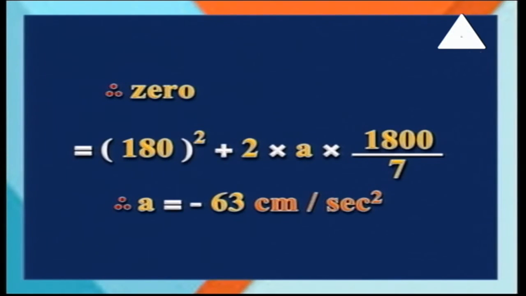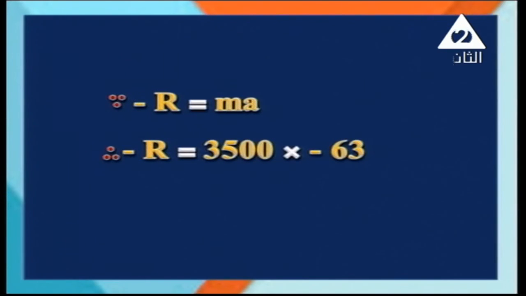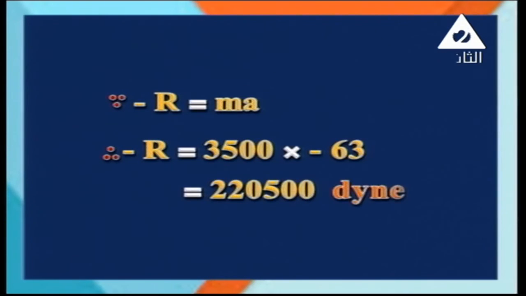Since resistance negative R equals m a, negative R equals 3500 times negative 63, R equals 220,500 dyne.